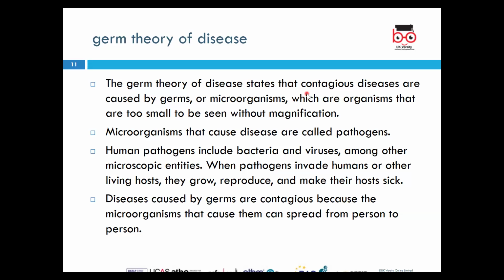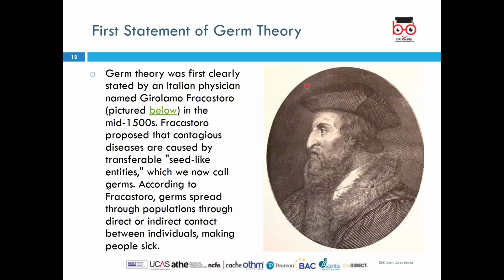Diseases caused by germs are contagious because the microorganisms that cause them can spread from person to person. So one germ can spread to other bodies as well, through the germ theory. The first statement of the germ theory was made by the Italian physician Girolamo Fracastoro, pictured here, in the mid 1500s.